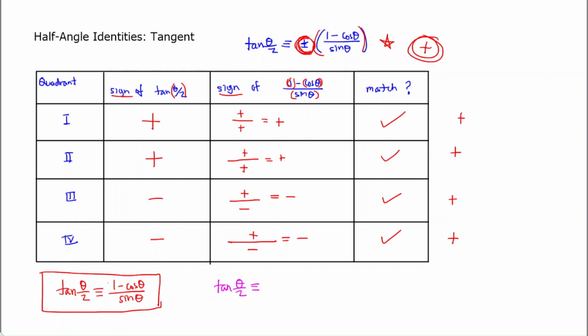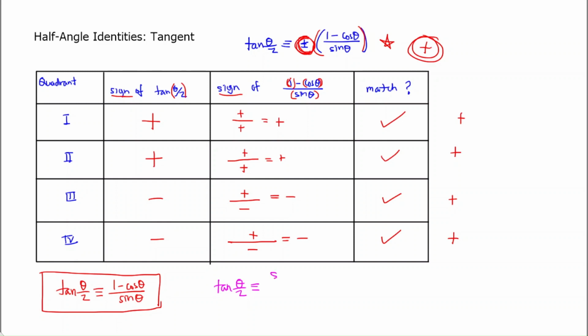You will recall at the beginning of our video, we took the first identity for tangent theta over 2 that had the plus or minus and also the root, and we multiplied top and bottom by 1 minus cosine theta. We could have done the same thing, multiplying top and bottom by 1 plus cosine theta.